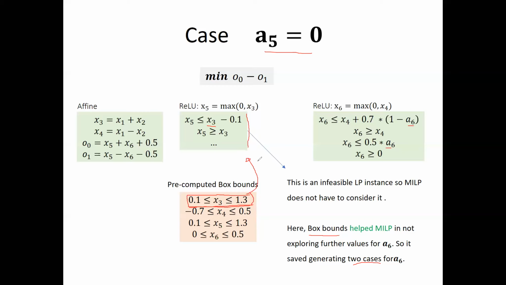Of course, if your bounds are very loose, like the box tends to be, you may not be able to prove that this is unsatisfiable. For instance, if this is crossing over and is negative here, you'll not be able to prove it, and then you'd have to explore the instance. But in this case, we can prove it because X3 is strictly greater than 0. Okay, so let's consider the case where A5 is 1.